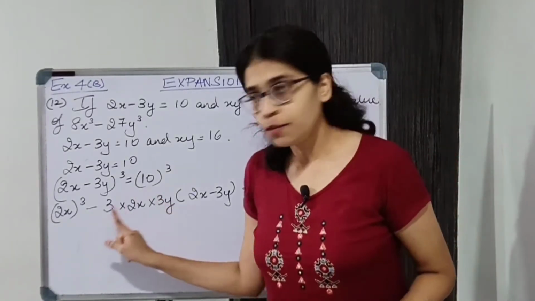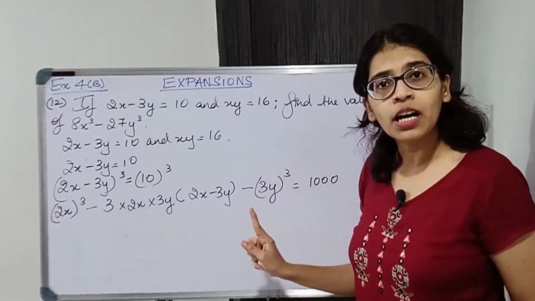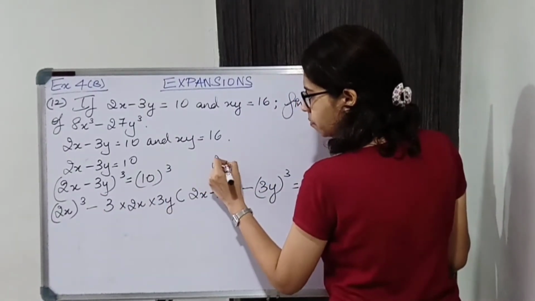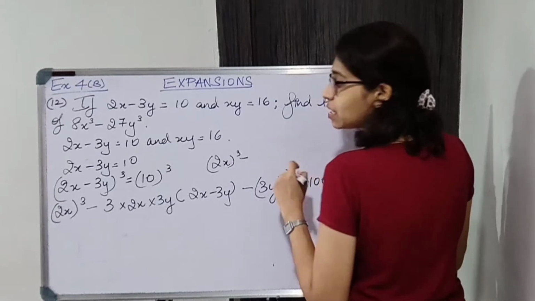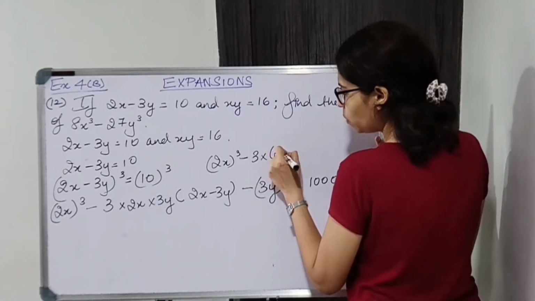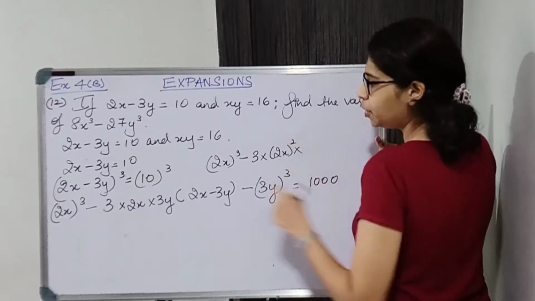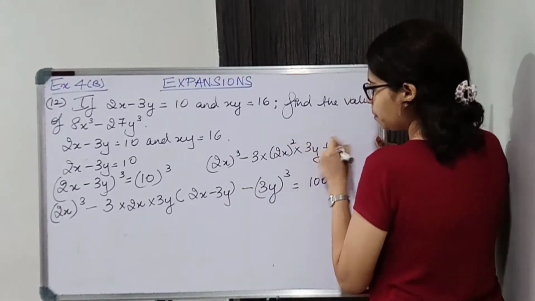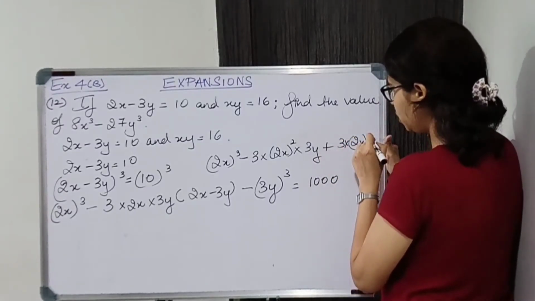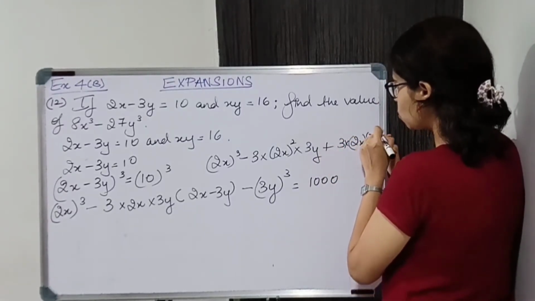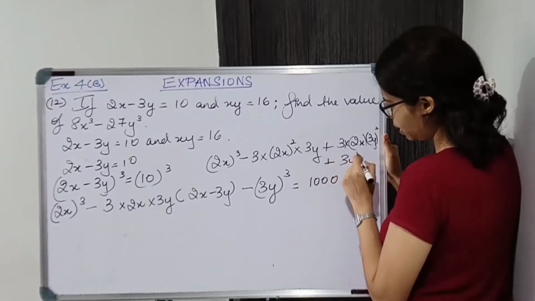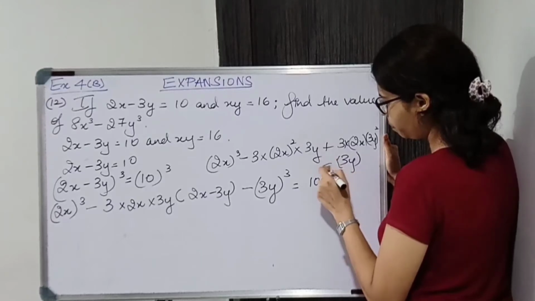Now if you don't know this formula, you can use the other formula also. a cube minus 3a square b, so that will be 3 into (2x) square into 3y, plus 3ab square, so 3 into 2x into (3y) square, plus b cube, so that is (3y) cube.